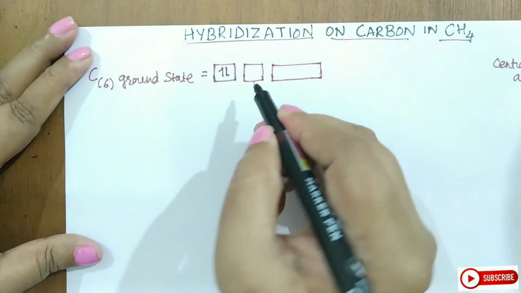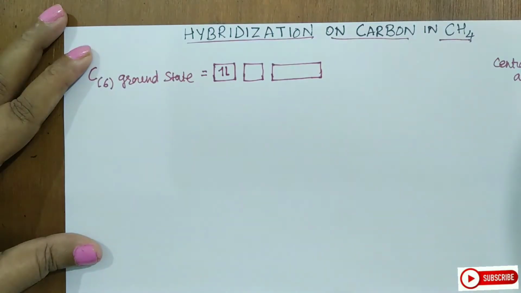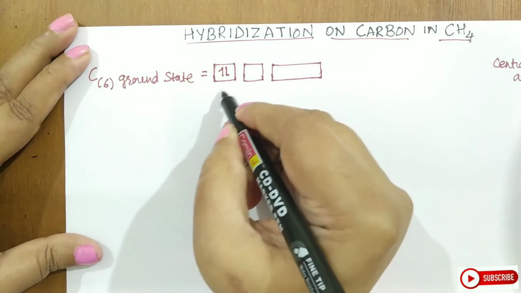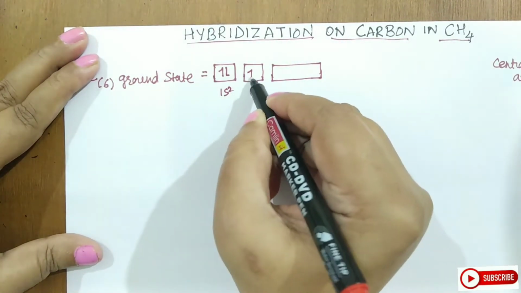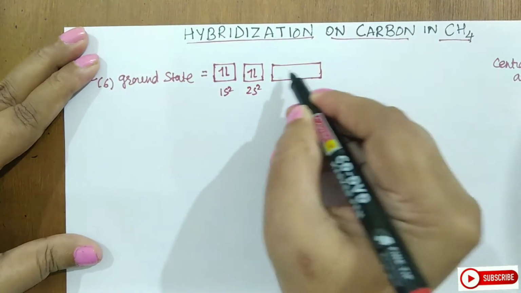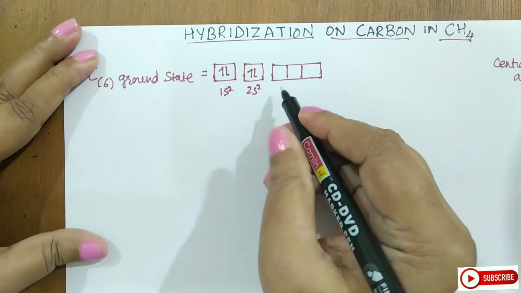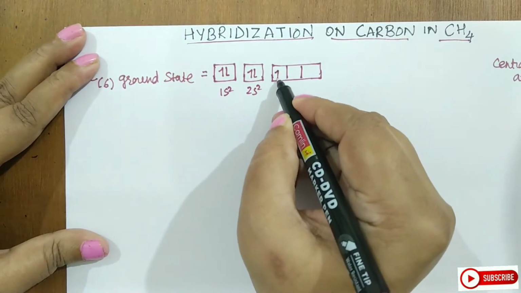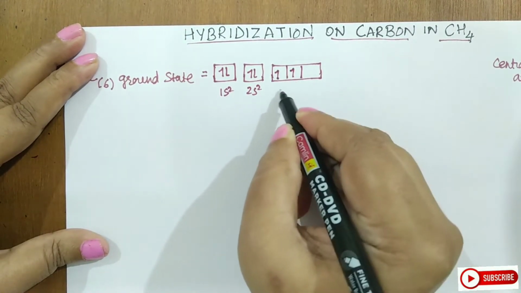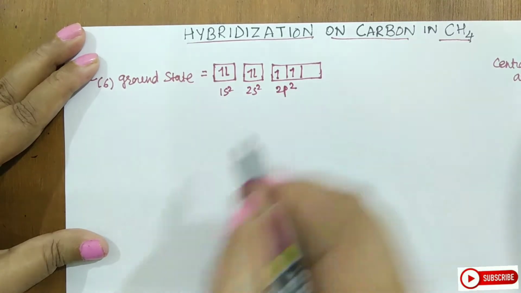Always remember that you have to fill the electrons following Hund's rule. So that is very, very important. So 1s2, 2s2 and 2px1, 2py1. So this is 2p2.